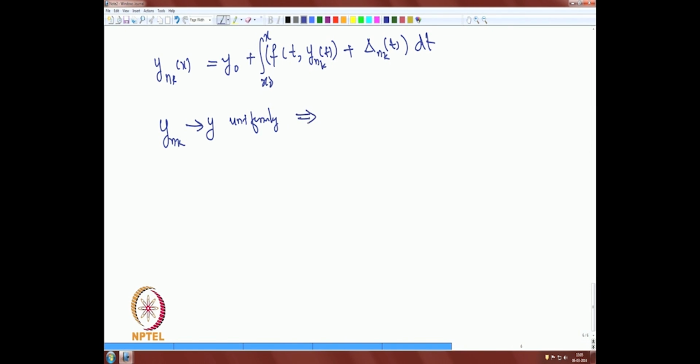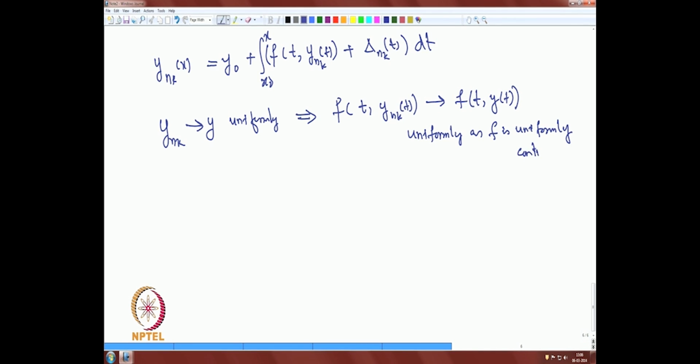So, as f is continuous, f(t, ynk(t)) converges to f(t, y(t)) uniformly.